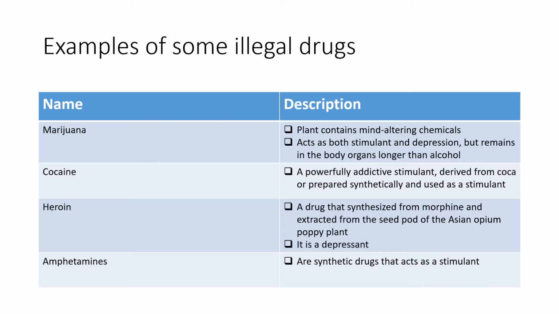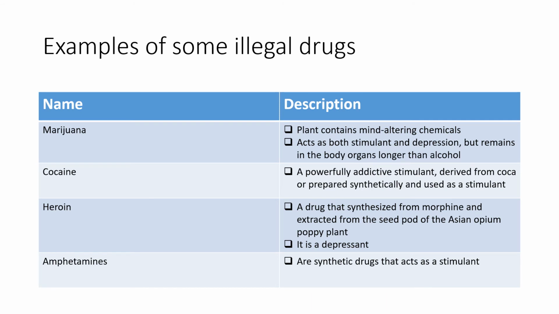Examples of some illegal drugs: marijuana, cocaine, heroin, amphetamines. Marijuana is a plant that contains mind-altering chemicals, and it acts as both a stimulant and depressant, but remains in the body organs longer than alcohol.